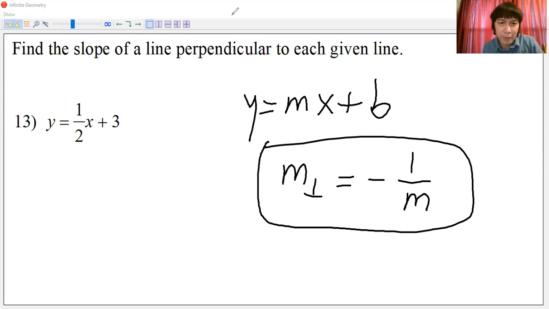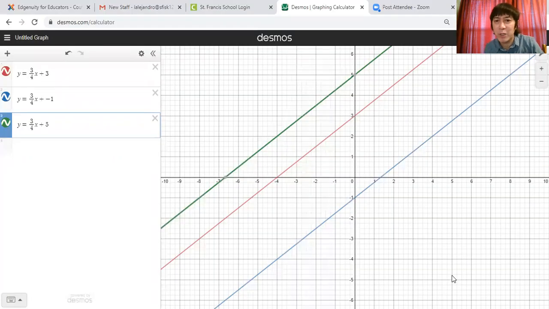So let's see it from the graphing board that we're using. The same examples are there. Now, if we're going to draw a line perpendicular to these lines, we will have to use the 3/4. How do you get the slope of the line perpendicular to this line with the slope 3/4?